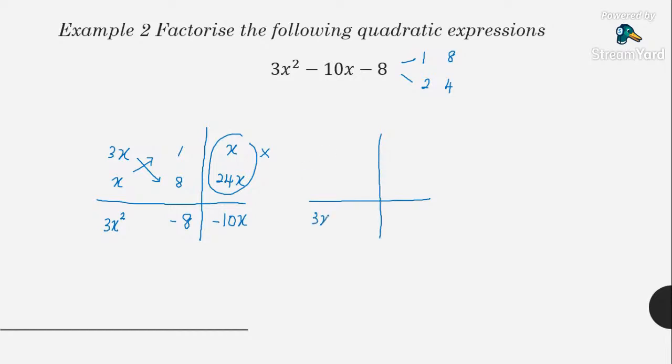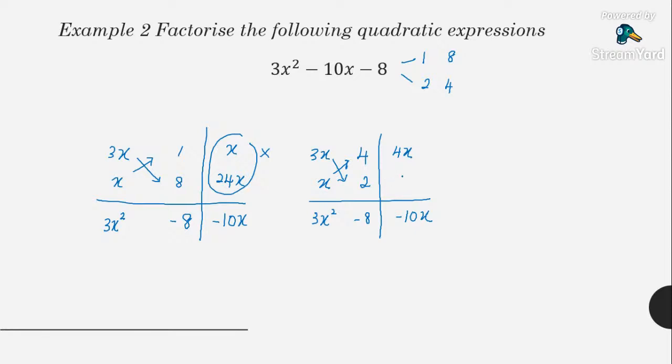So this is 3x squared. This is negative 8. This is negative 10x. So this is 3x and x. Now I will try a 4, 2. Okay, so when I do 4, 2, this will be 4x.